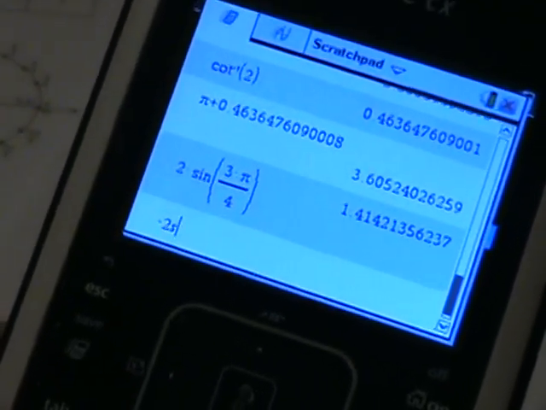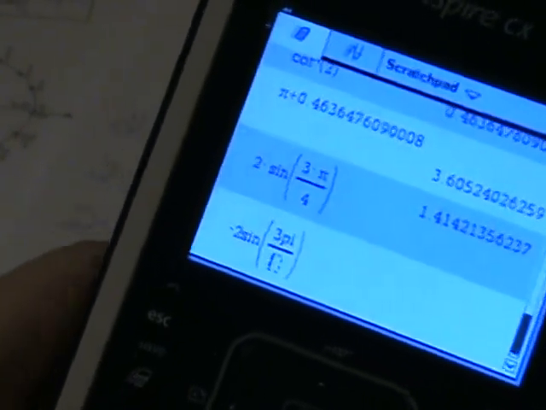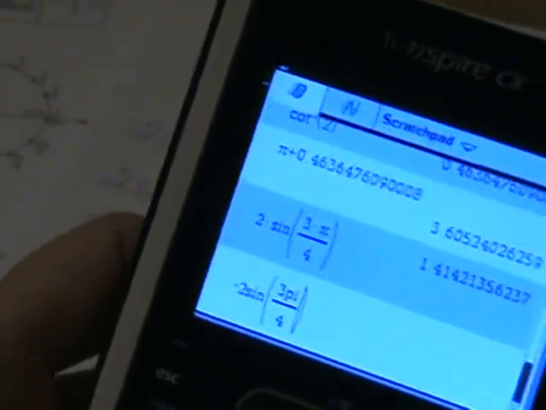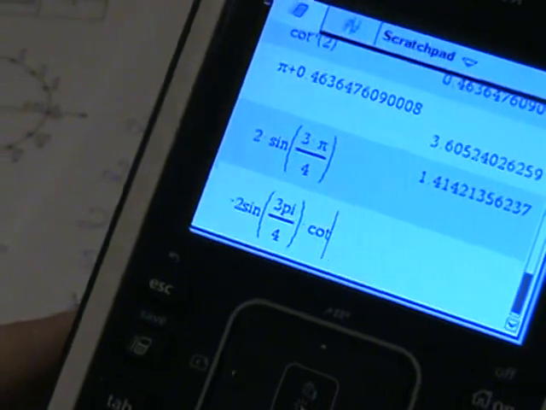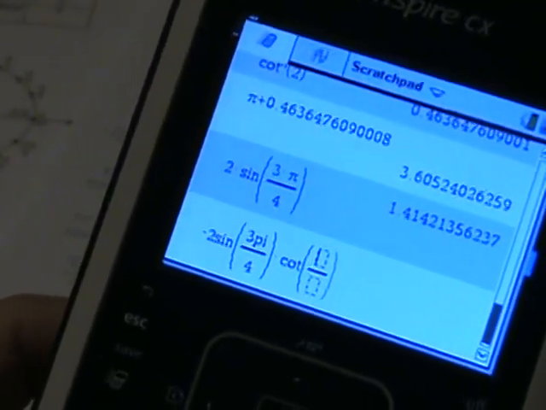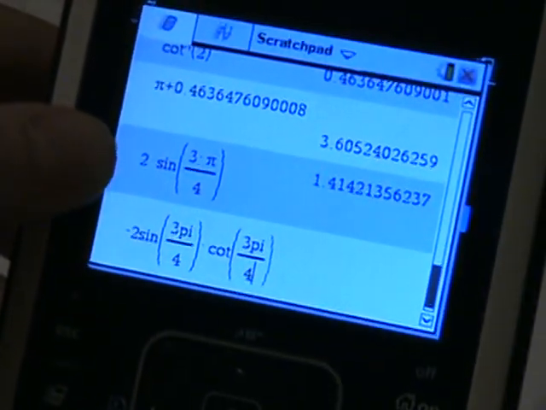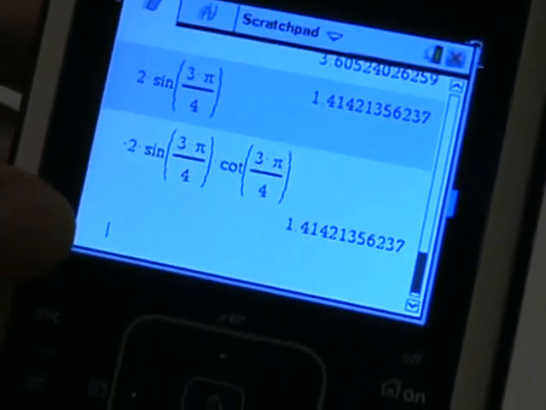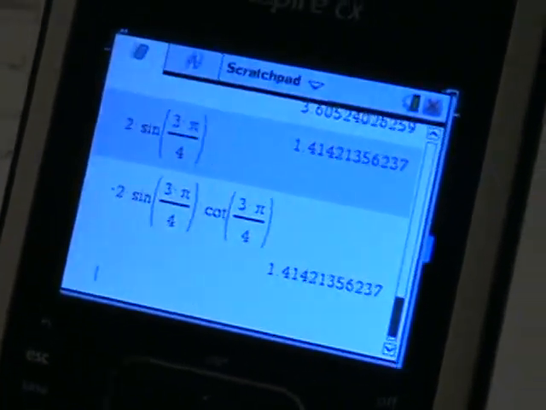Plug it into the right side: negative 2 sine 3 pi over 4 times cotangent 3 pi over 4. So this was the left side of the equation, this was the right side, so they should equal the same number, and they do, which happens to be square root of 2.